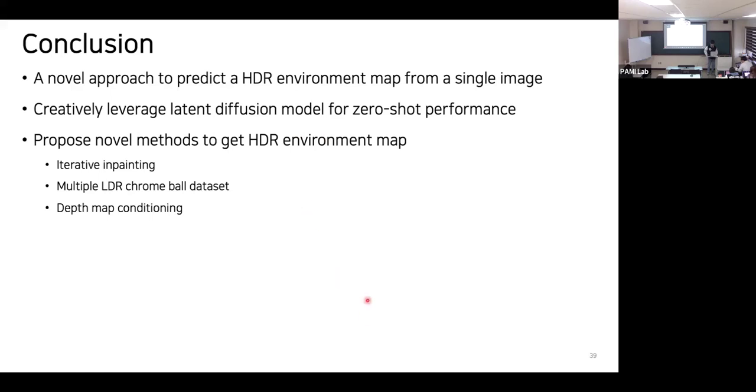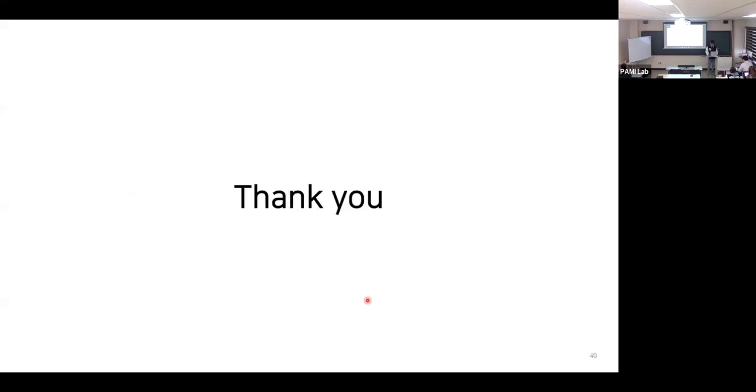I think this paper is really a well-written paper that makes a really creative idea to apply the latent diffusion model in other domains. So, this is the end of my presentation. If you have any question, please ask me.